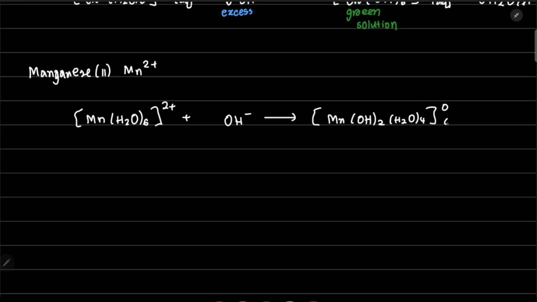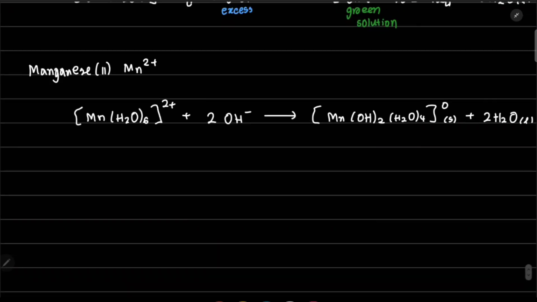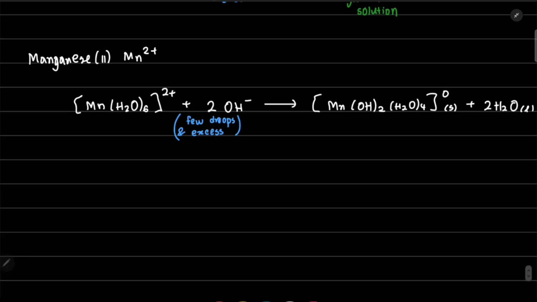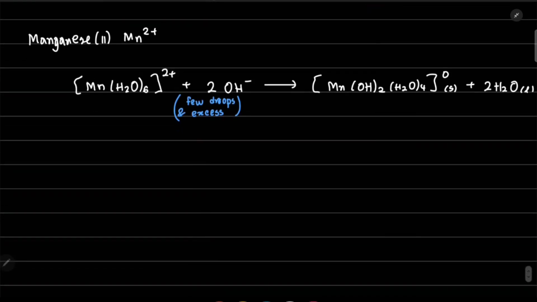We have a charge of 0. This is a solid, and we get 2 moles of H2O. So we have 2 OH minus. In this case, it doesn't matter if I have excess or a few drops. It will always show this reaction. And the color of this compound is off-white.